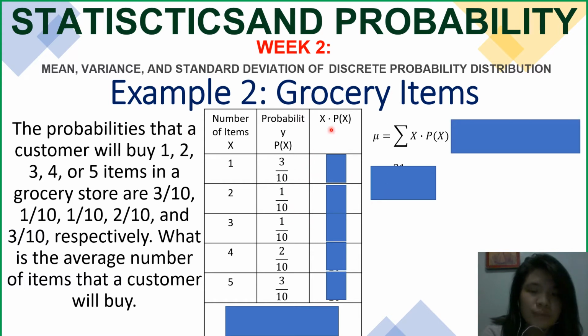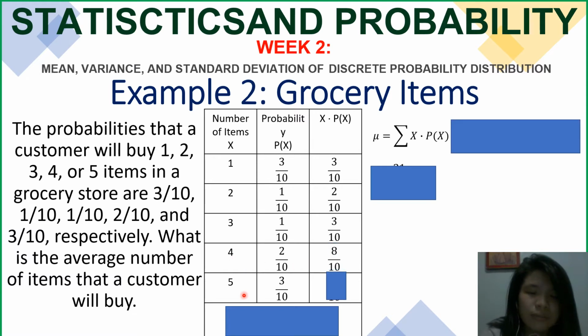So, let us first get the product of X, which is the number of items, and its probability. Multiply lang natin, kamukha nung kanina. So, 1 times 3 over 10 is 3 over 10. 2 times 1 over 10 is 2 over 10. 3 times 1 over 10 is 3 over 10. 4 times 2 over 10 is 8 over 10.